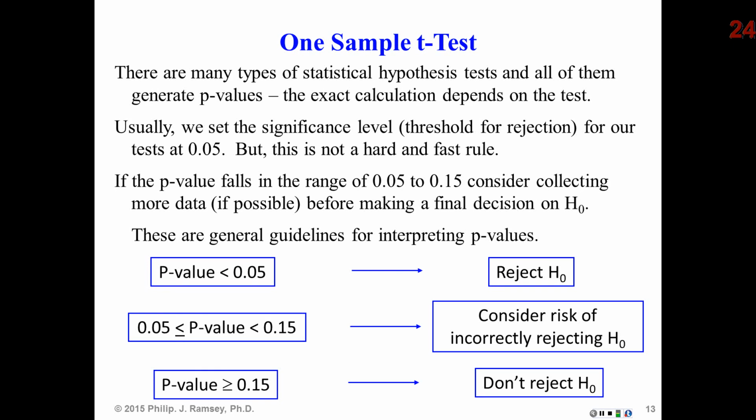Under 0.05, reject. 0.05 to 0.15, consider the risk of incorrectly rejecting the null and perhaps even getting more data. Above 0.15, don't reject the null. But I caution everybody over and over again that the problem with this is these are arbitrary.